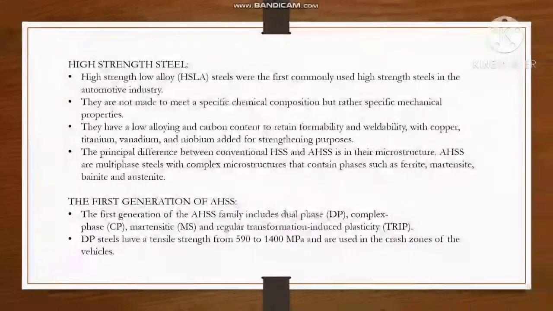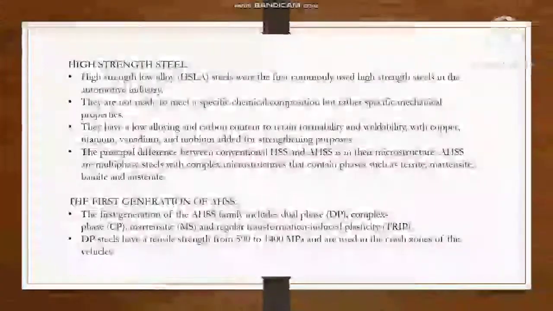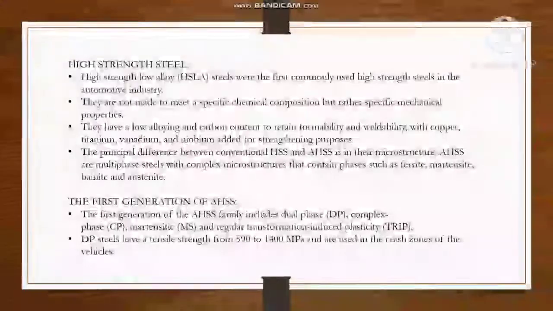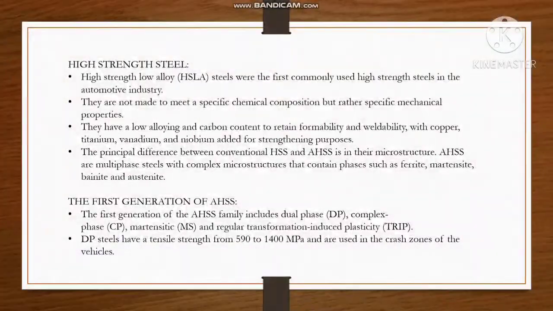The first generation of AHSS includes dual phase DP, complex phase CP, martensitic MS, and transformation induced plasticity, or we call it TRIP. What does DP mean? DP steels have a tensile strength from 590 to 1400 MPa and are used in the crash zones of the vehicle.